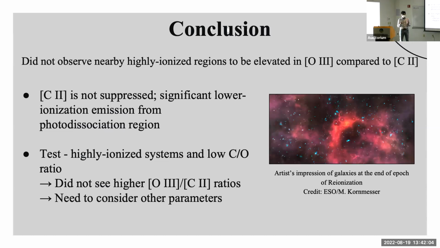The photodissociation region is the halo, or the outer region of the nebular emission, which is where C2 is predominantly present. And our test of using highly ionized systems with low C2 to O ratios did not yield higher flux ratios of O3 over C2, which is why we need to consider some other parameters to compare the local analogs with the high redshift systems.